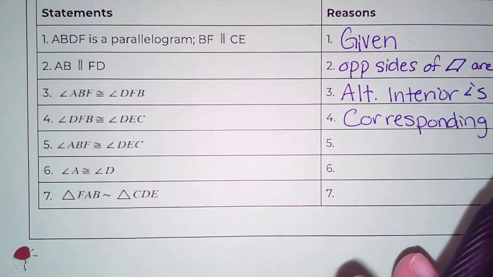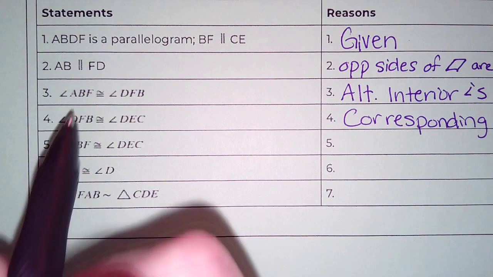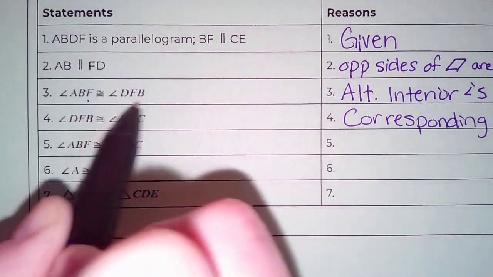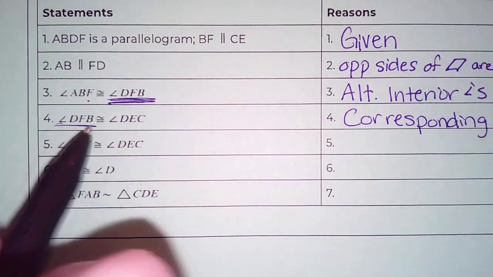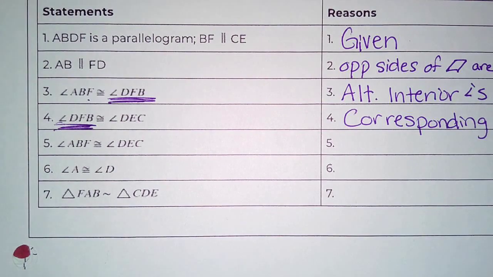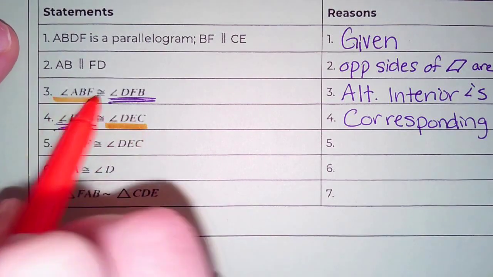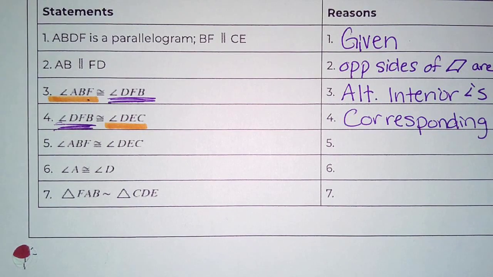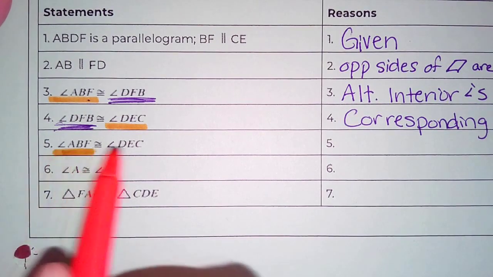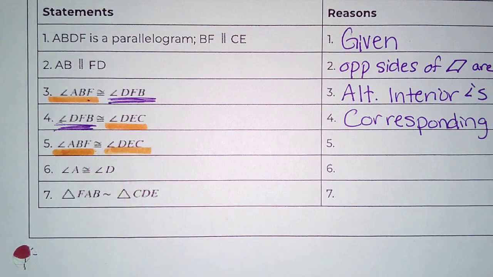Anyone have an idea? It will be transitive. So ABF is congruent to DFB and DEC is congruent to DFB. So now I can take the opposite sides and set them congruent to each other. So that will be transitive.